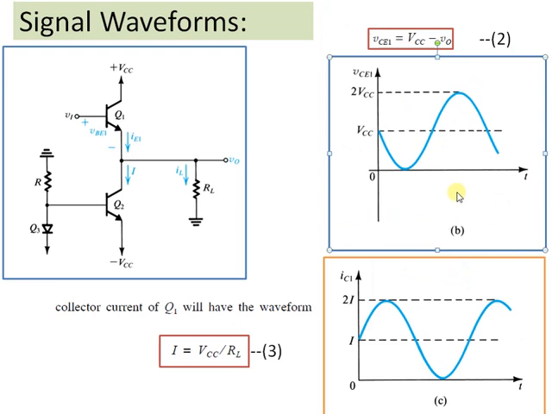If the bias current I is selected to allow the maximum negative load current of VCC by RL, that is I equal to VCC by RL, denoted in equation number 3, then the collector current of Q1 will be as shown in figure C. Because VCE1 was shifted, the collector current also shifts, with its origin at I and a swing from 0 to 2I.